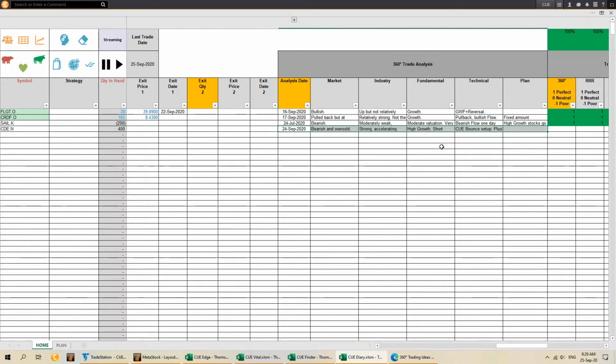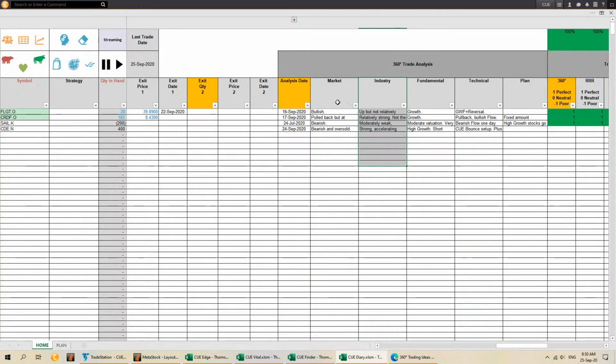After 3 months, 6 months time, you may come back to the diary and see which trades made you better profit. The ones where market, industry, fundamental, technical were aligned, or where you just traded based on technical, or maybe you ignored the industry strength weakness while taking the trade, you traded against the industry. Are those helping you or hurting you?